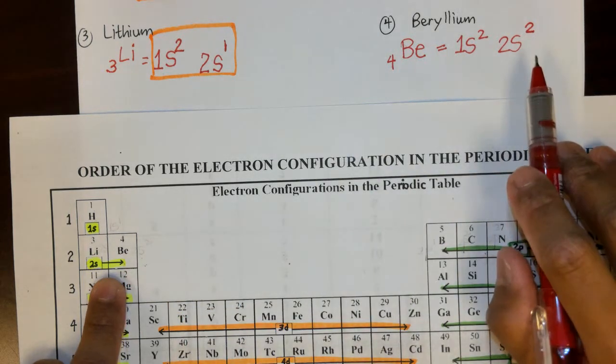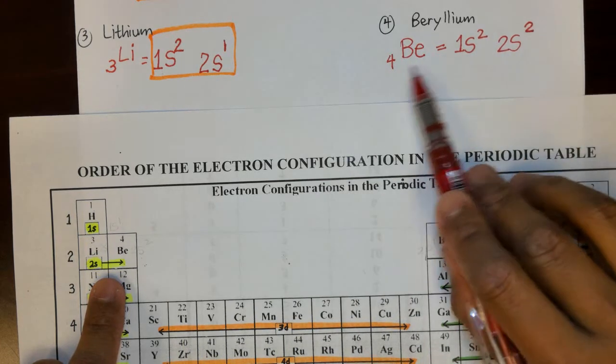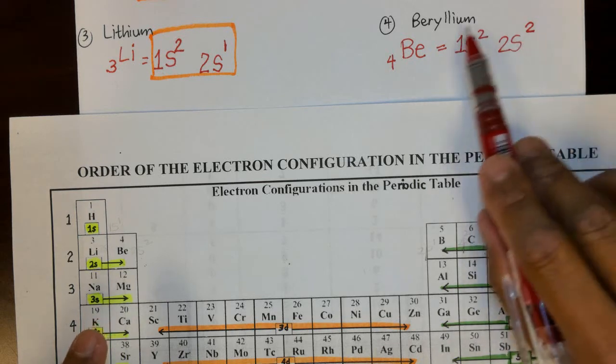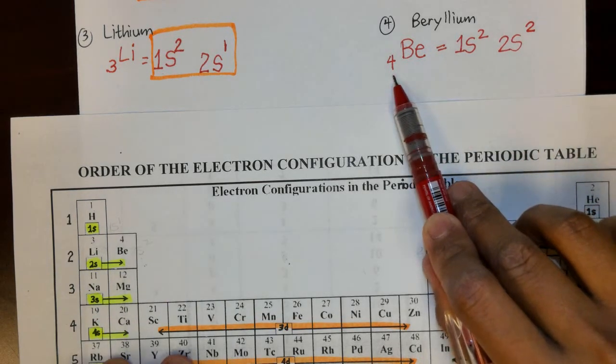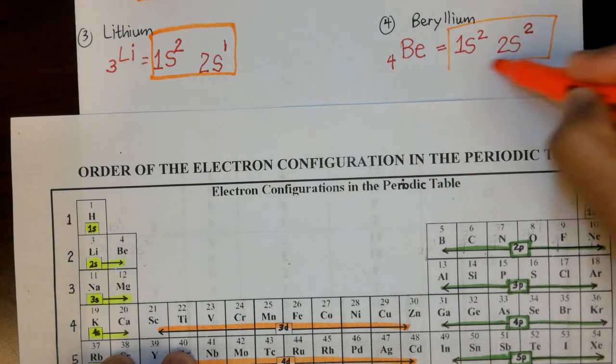And when I add the exponents, 2 plus 2, that will be equal to 4. It means that I have accounted for and distributed all 4 electrons of beryllium. So let me box the final answer.